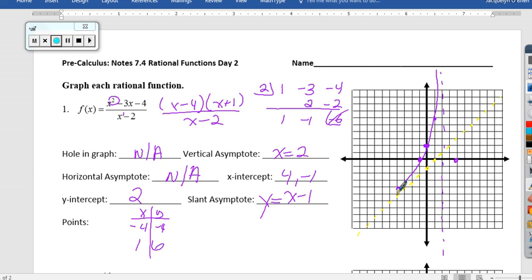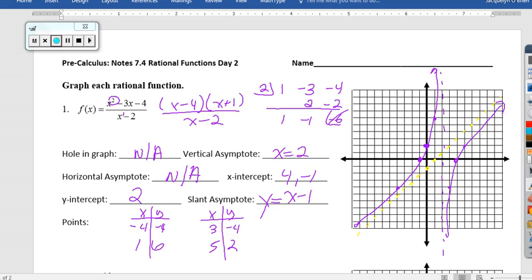So this is hugging real close to both of those asymptotes. And then on the other side of that vertical, we have (3, -4) and (5, 2), and this is hugging real close on this side.